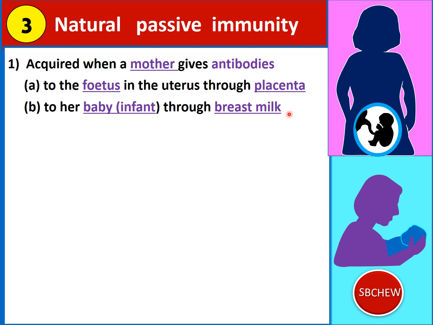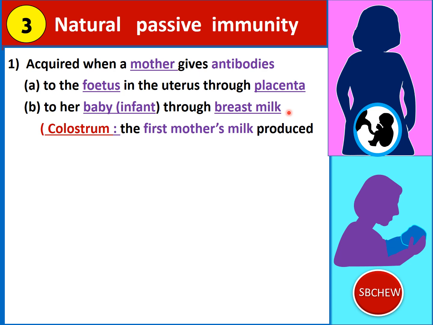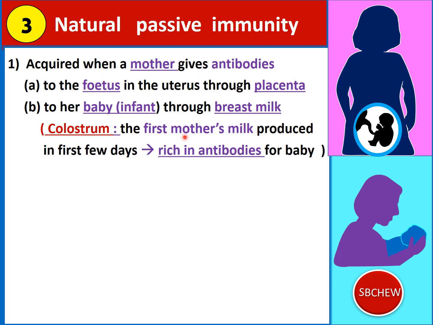So when a baby is born, the mother can continue to provide that kind of protection, natural passive immunity, for the child through the breast milk. Especially in the first few days after birth, colostrum, which is the first mother's milk produced in the first 3 days, is provided to the baby and is rich in antibodies to help protect the baby who is newly born and may face attack from pathogens in the environment.